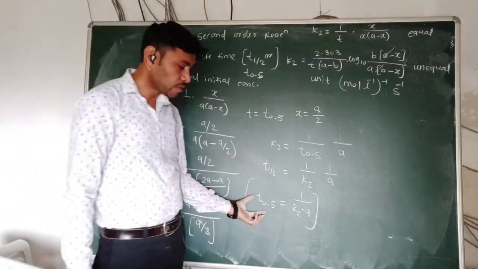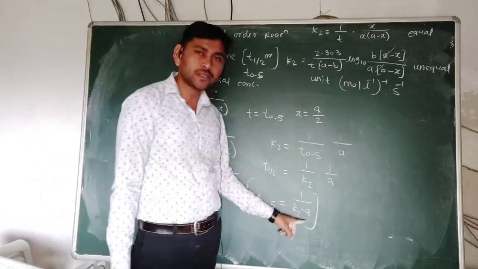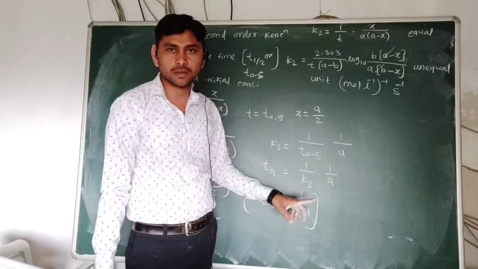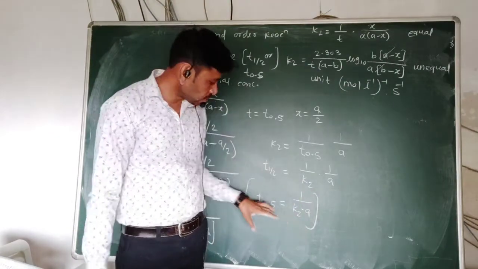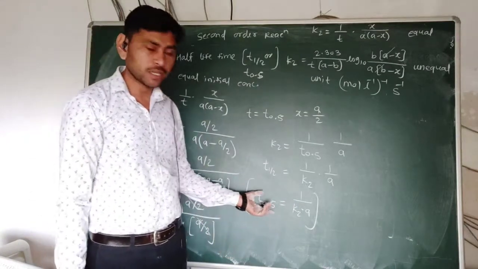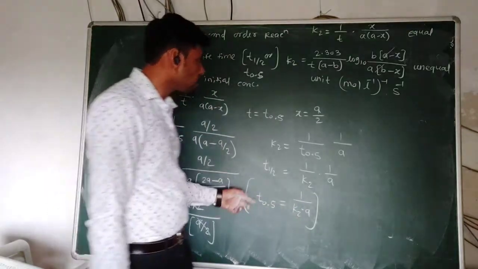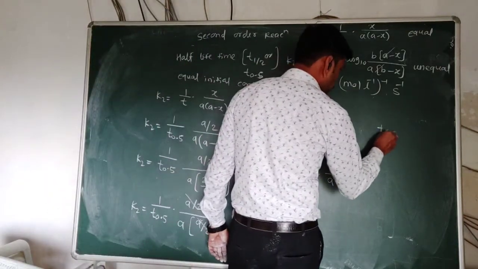So the time required to complete any fraction for a second order reaction depends on initial concentration. If we change the initial concentration, the time required for the reaction will change. So initial concentration is important in case of second order reaction.